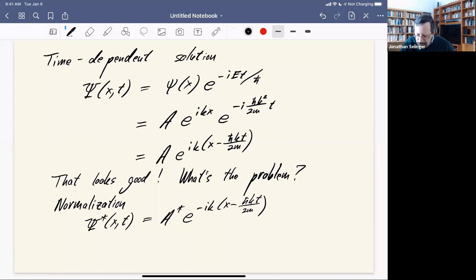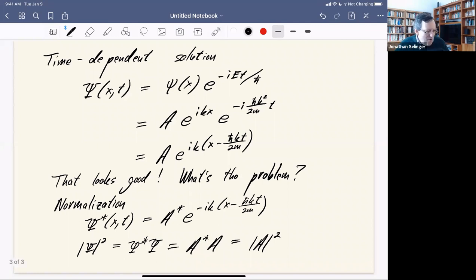Okay, and then the magnitude squared, so that's psi star times psi. Well, that's just A star times A, and the complex exponential factors cancel. So this is just the magnitude of A squared.